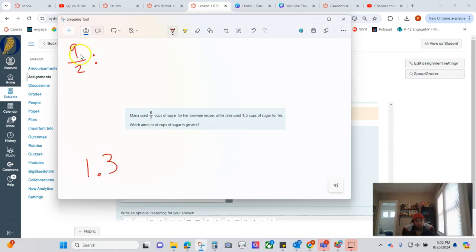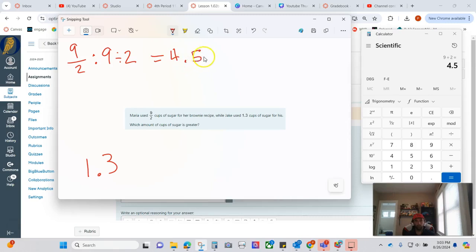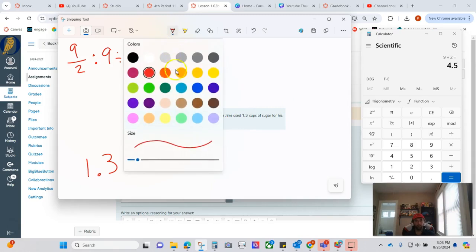To turn any fraction into a decimal, we can do top number divided by bottom number. So let's do that with our handy dandy calculator. Top divided by bottom is 4.5.